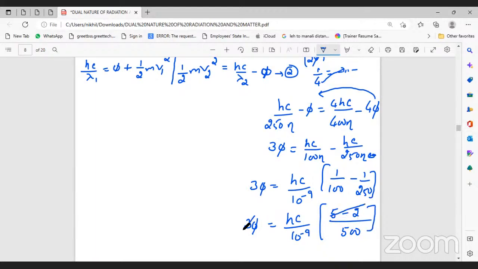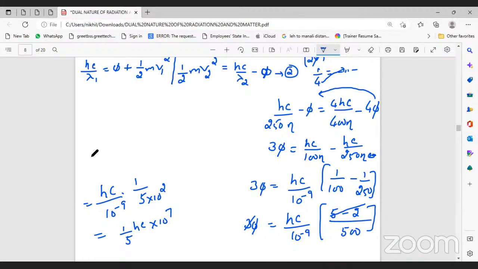This 3 and this 3 will get cancelled out. So you will get hc divided by 10 power minus 9 into 1 by 500. That is 1 by 5 into 10 power 2, or 1 by 5 times hc into 10 power plus 7, since minus 9 plus 2 will be minus 7, and if it comes to the numerator, it will be 10 power 7.